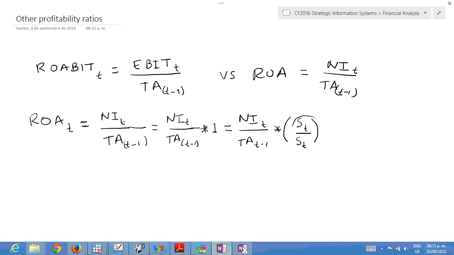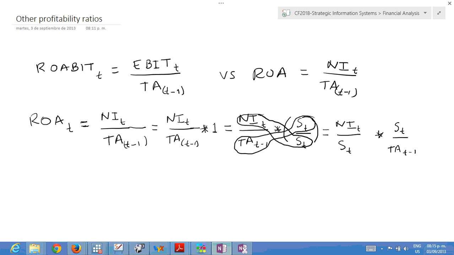Then right here we have something interesting, and right here we have something interesting as well. This is going to be equal to net income in a specific period divided by sales, multiplied by sales divided by total assets at t minus 1.